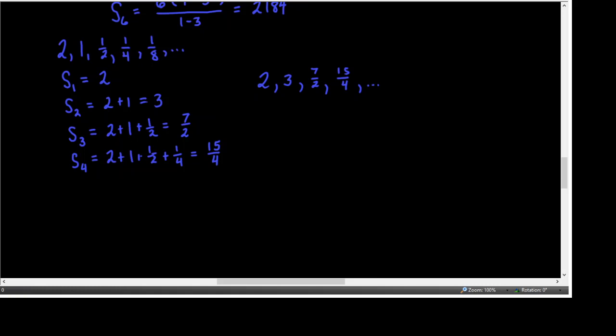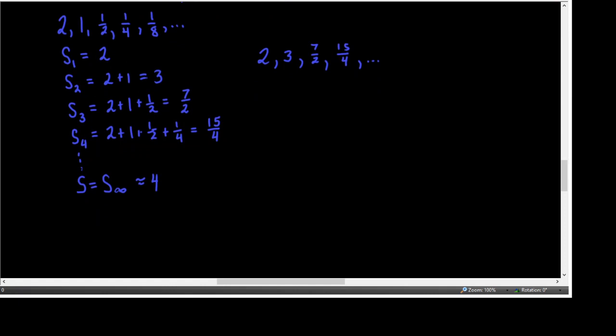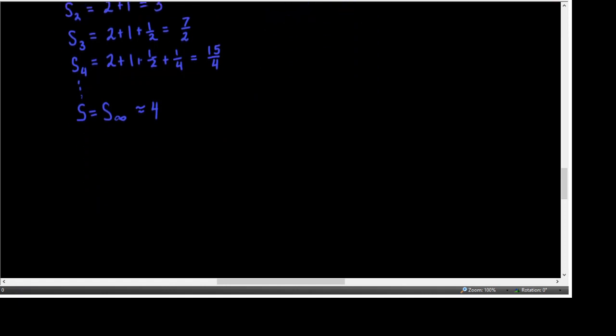So if we kept going, we would assume that S, which they in this book call S sub infinity, we assume that that's 4. I'm going to write approximately equal to 4 because we're not absolutely certain yet that that's actually true. But for right now, let's just say that the evidence of the graphing calculator screen is pretty convincing that it's 4.